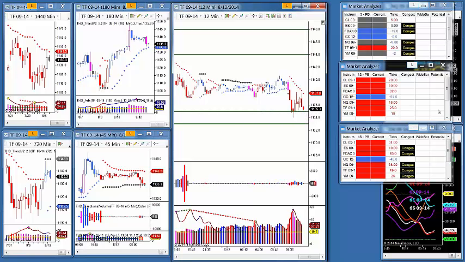So as it stands right now, you've got two areas of support below price. You've got two areas of resistance above price. It could bounce to the upside because it's almost at the ATR. Then again, if it breaks these two areas, I would be looking to go short, period, end of discussion.